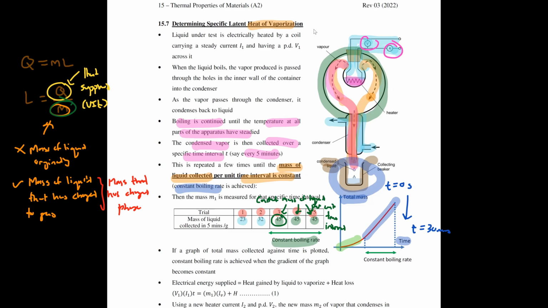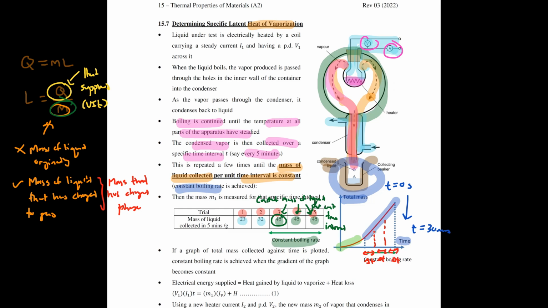You have constant mass of liquid that has changed to gas per unit time interval, because if you divide this portion here into 3 equal parts, this one here is delta t, this one here is delta t, and then this one here is delta t.